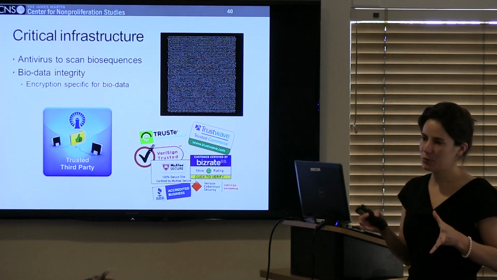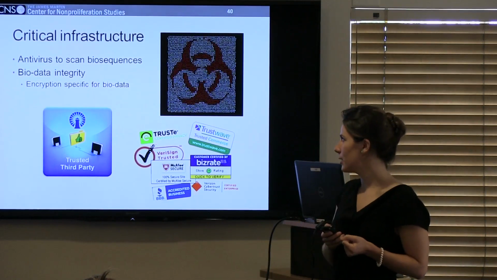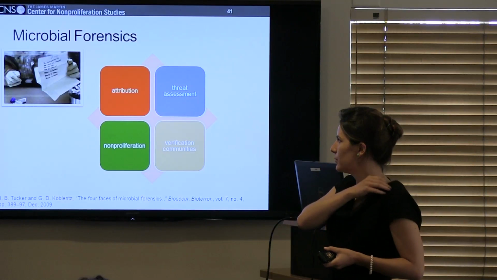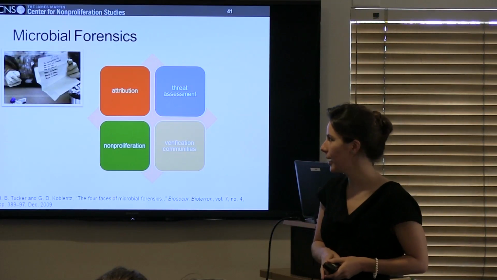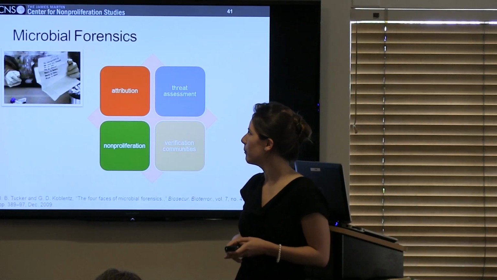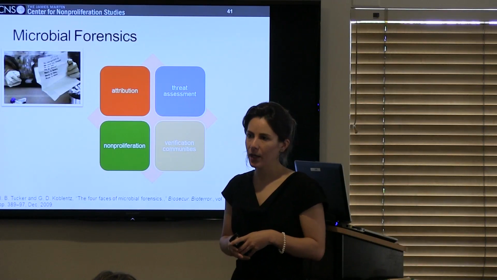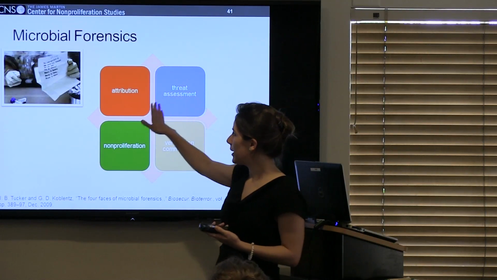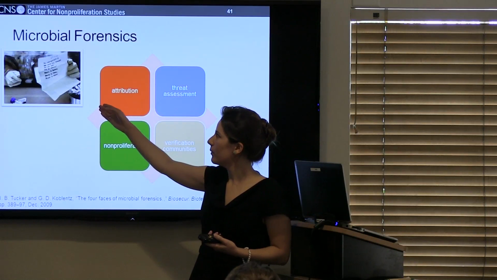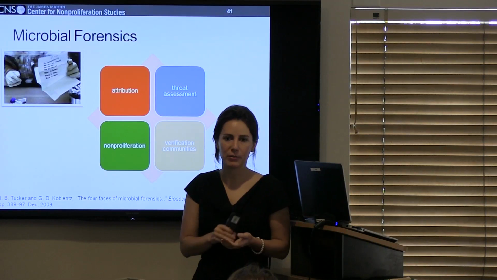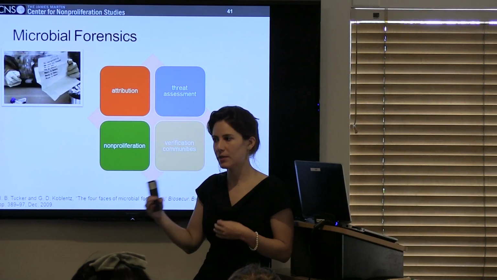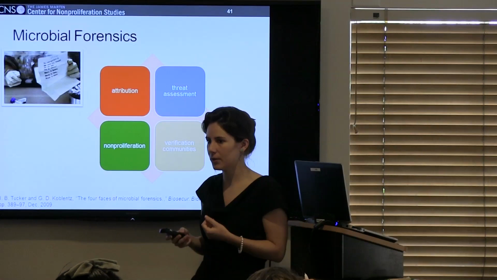So that would be how to protect our information. Next would be how to defend and prepare for any potential biological attack. And here I think we can learn from microbial forensics. It's best known for attribution, and we can refer back to the anthrax letters, where the FBI was able to identify which strain had been used and therefore from which location.